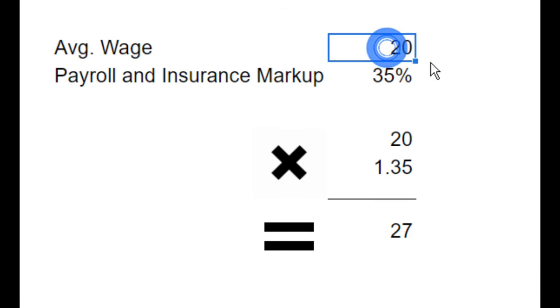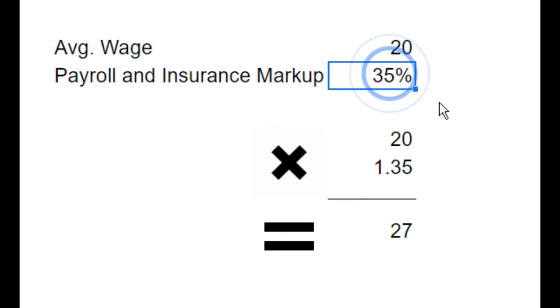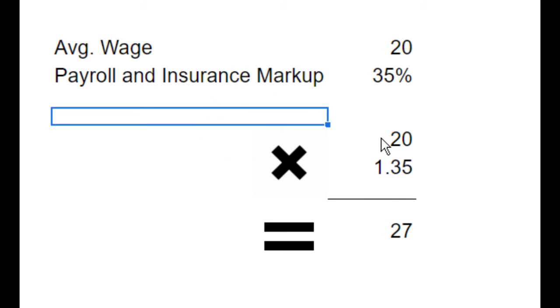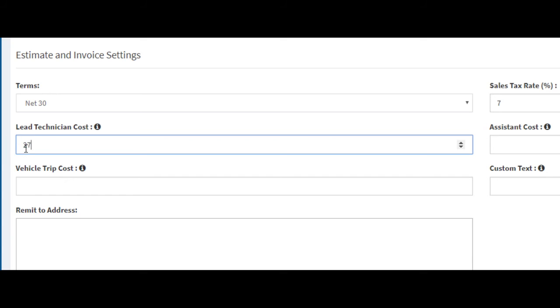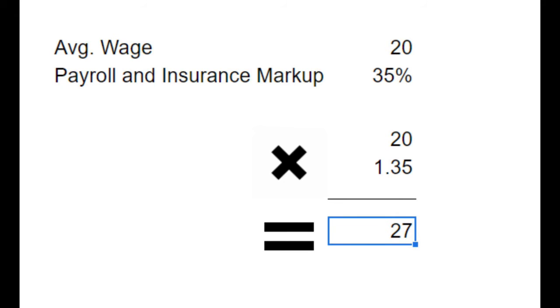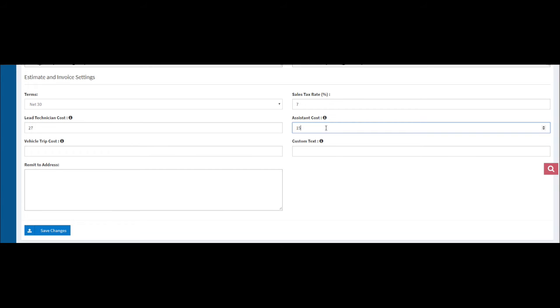So, as an example, let's use an average lead technician's gross wages of $20 an hour plus a 35% payroll tax and insurance markup. 20 times 1.35 is 27, and that's what you want to enter here. Remember, to mark up a cost by 35%, you need to multiply that cost by 135%, or 1.35. Do the same math to come up with the average assistant cost.